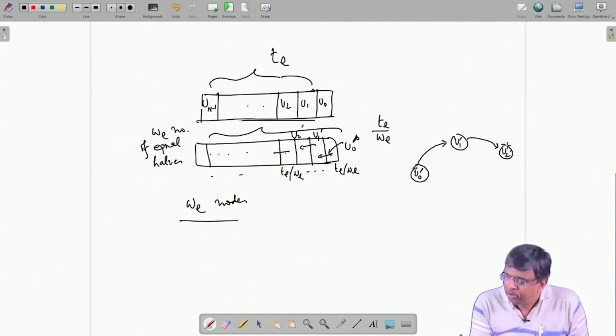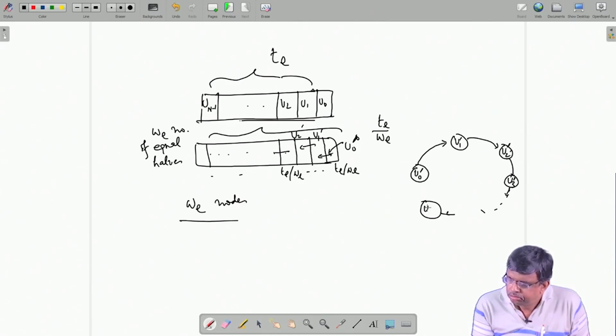U2 prime dot dot dot, total WL. Maybe one more I show, U3 prime. WL is the total. So, we started from 0, so it should be WL minus 1, then only the total is WL.